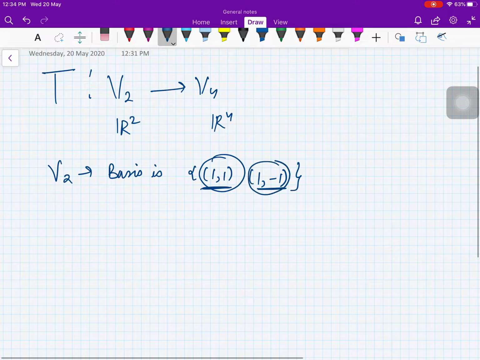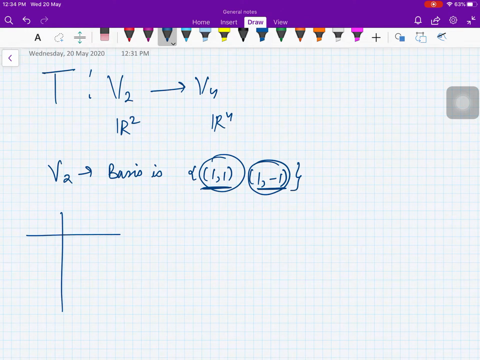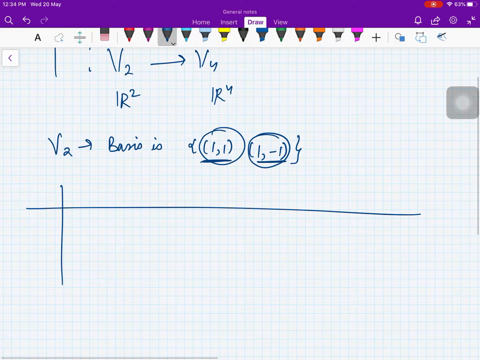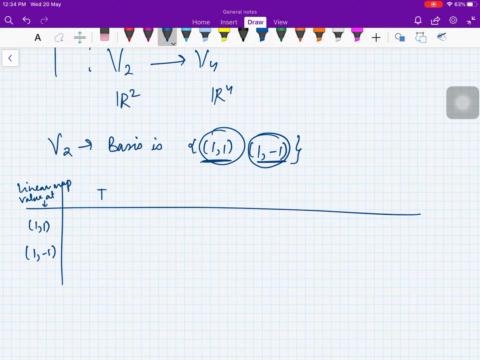If I know a transformation only on these two elements, then I can completely determine that transformation. So I'll give you some transformations and you have to find them. So this is your linear map value at (1,1) and (1,-1).